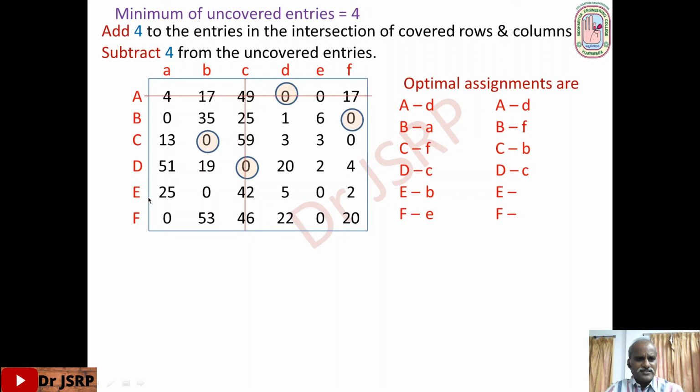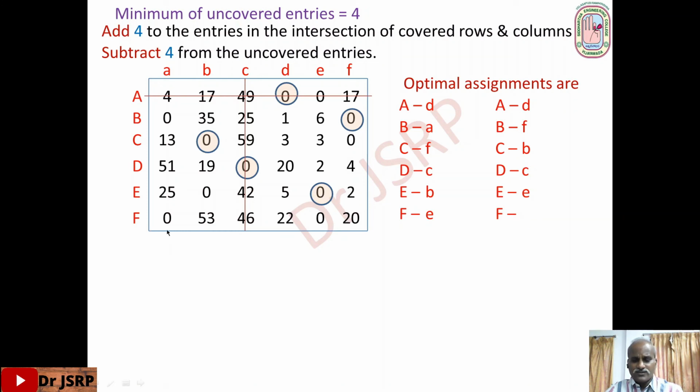Next, capital E. E has two options, small b and small e. Already small b is assigned. So I have to assign capital E to small e. Okay. Next, capital F. Capital F has two options, small a and small e. Already small e is assigned.